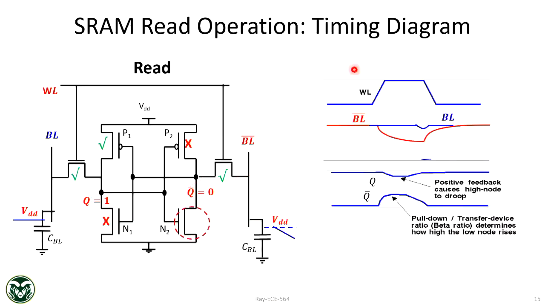And this is the waveform. Again, timing analysis is critical in memory operation, because that's how you optimize the time, the latency. So here, your starting point is both the bit lines are pre-charged high. So this blue and red are basically bit line and bit line bar, both pre-charged to high.